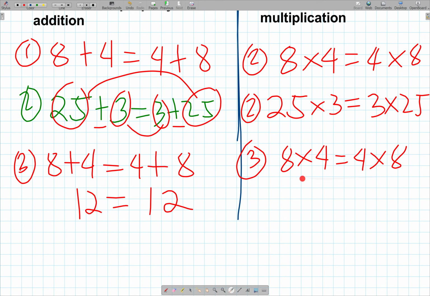So, ang property nito is commutative property of multiplication. So, 8 times 4 equals 32, di ba? Then 4 times 8 is also 32. Yan, no? Commutative property of multiplication.